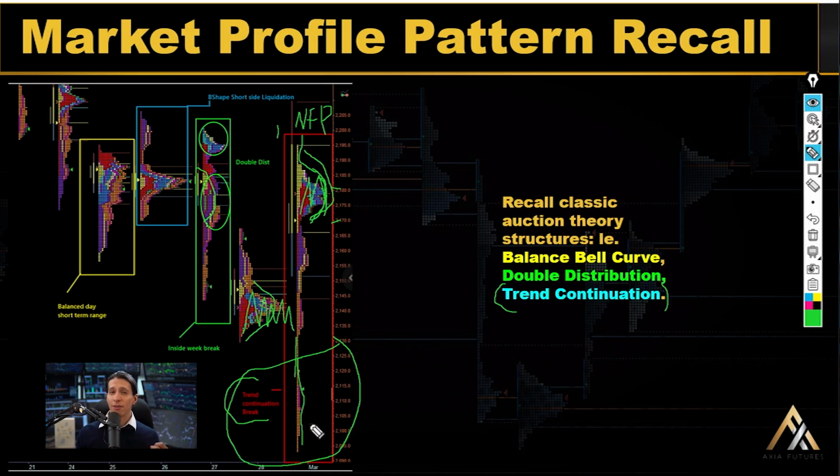Now we have a lot of information on how the market is behaving and how it is trying to price the development of value. And that's the key bit from that classical auction theory, folks.